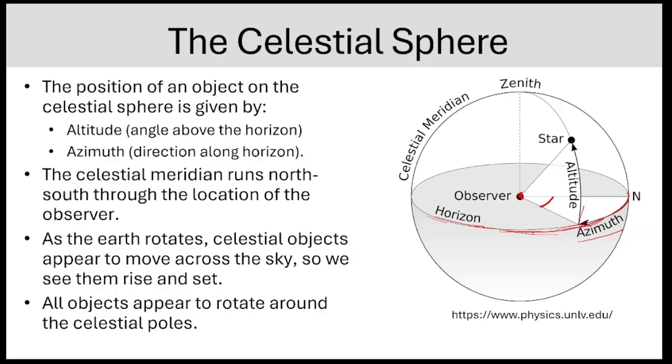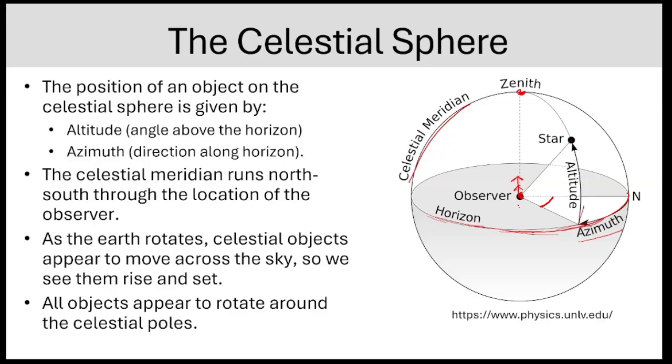And we also have this celestial meridian, which runs north to south through the observer's location. It runs north to south through the zenith, and this zenith is the position at the very top above the observer's position.